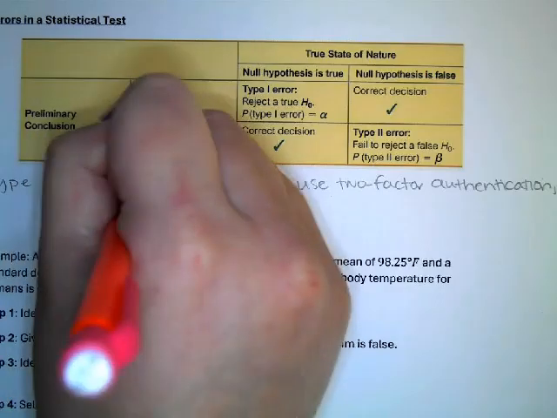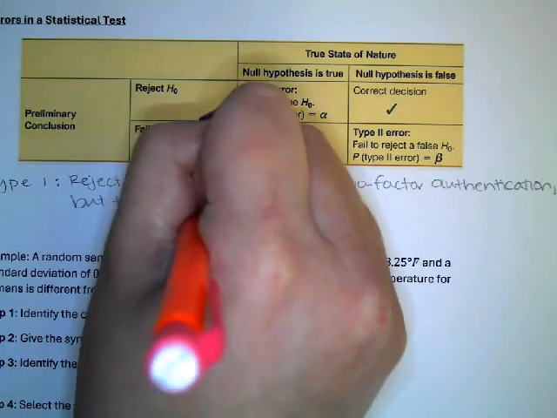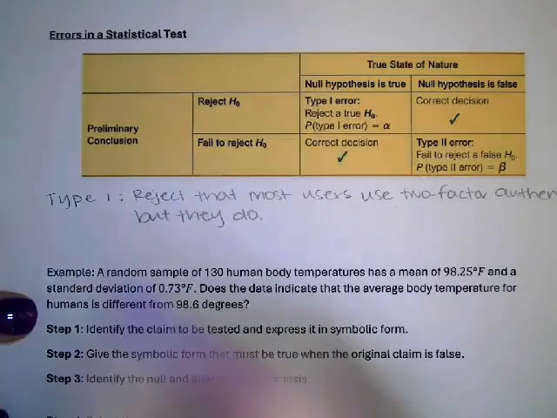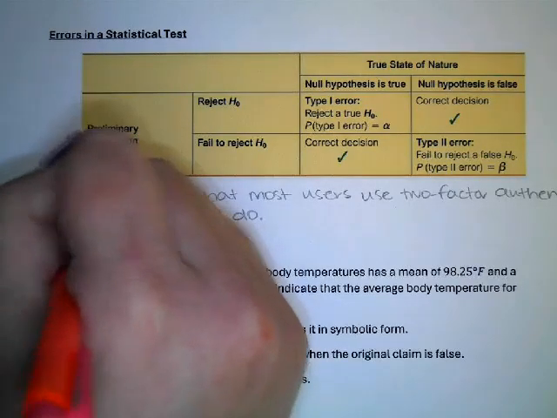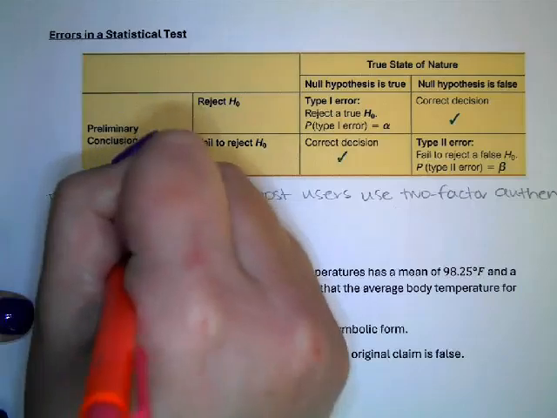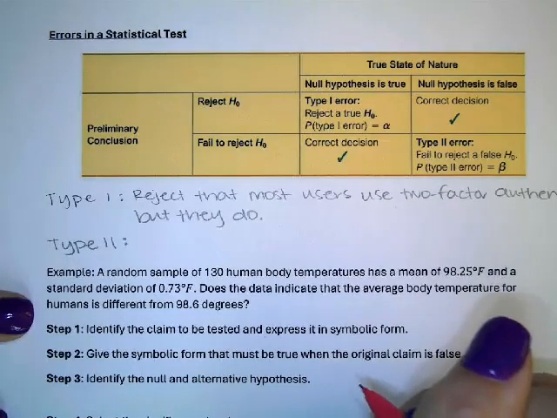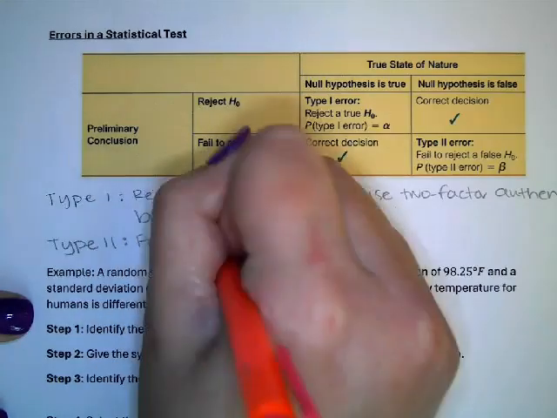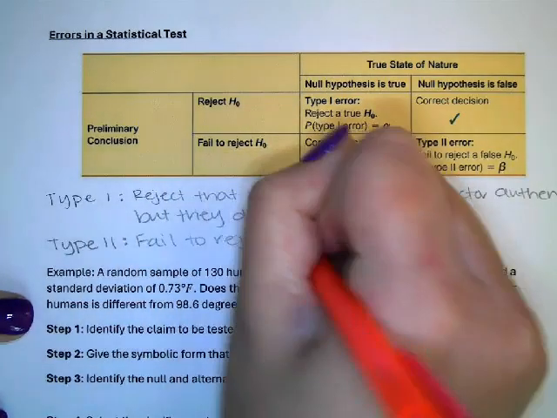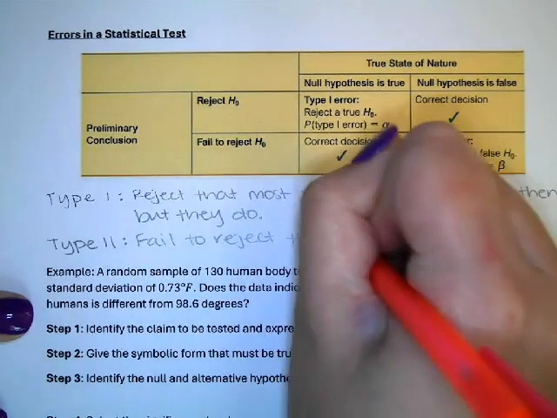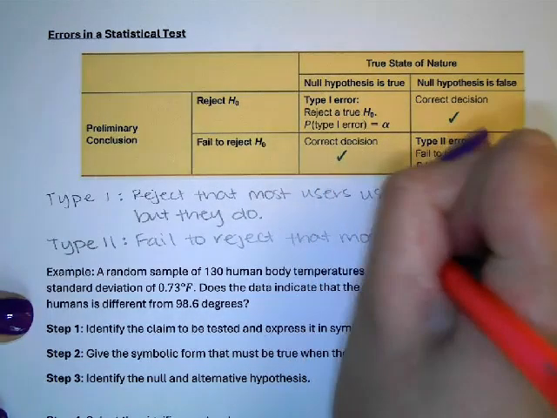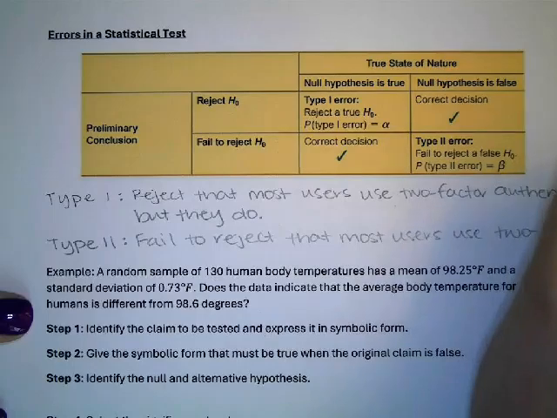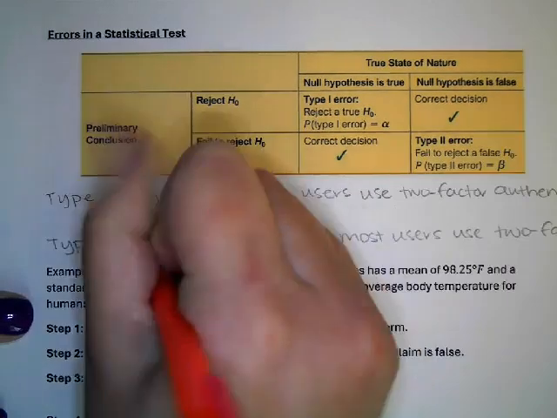The second type, type 2 error, is you fail to reject the null hypothesis. So you fail to reject that most users use two-factor authentication. And it is false.